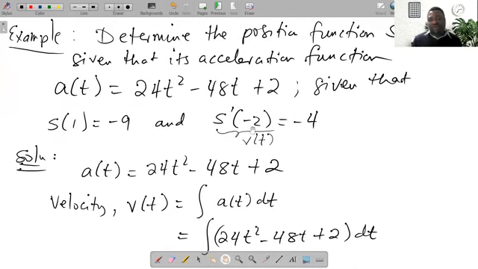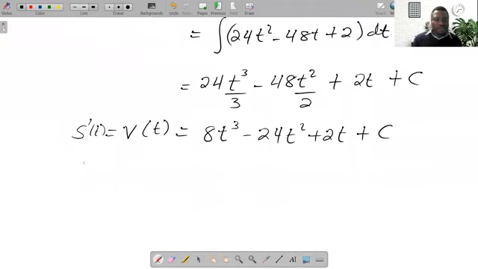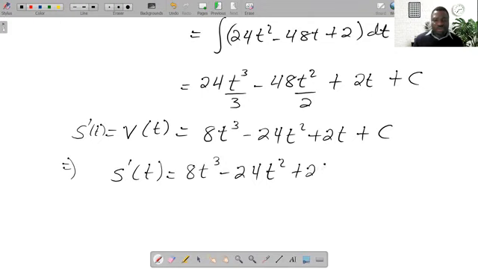Okay, and so if that is the case, we understand the condition that was given there: s prime of -2 equal -4. So that means that my s prime of t is actually 8t cubed minus 24t squared plus 2t plus c, and a condition was given as s prime of -2 equal -4.